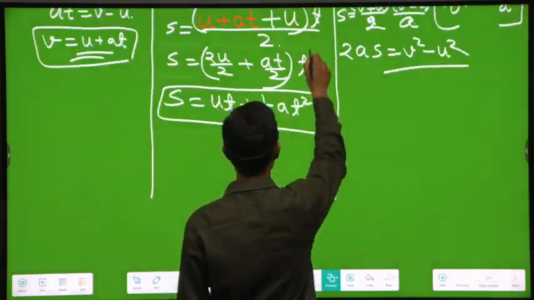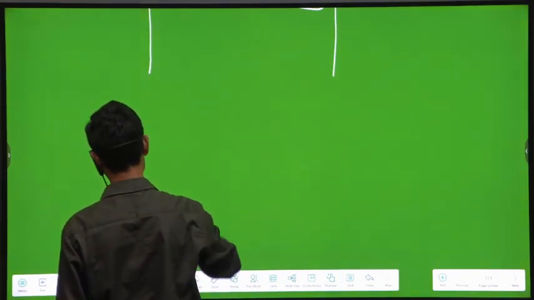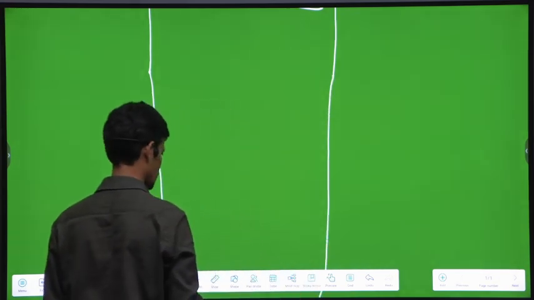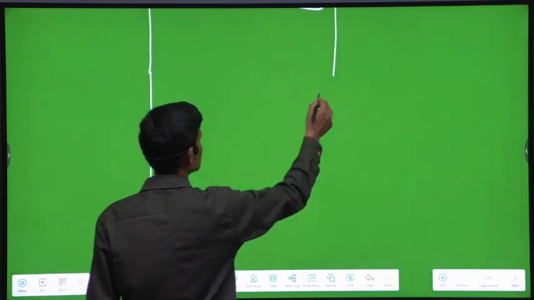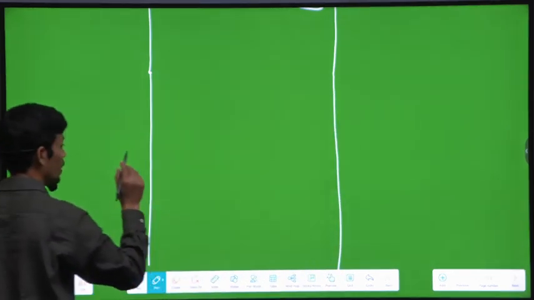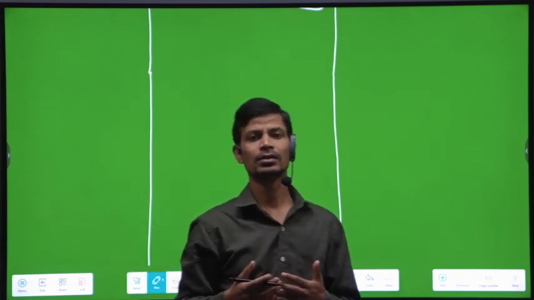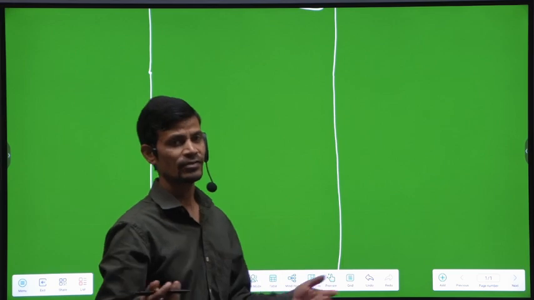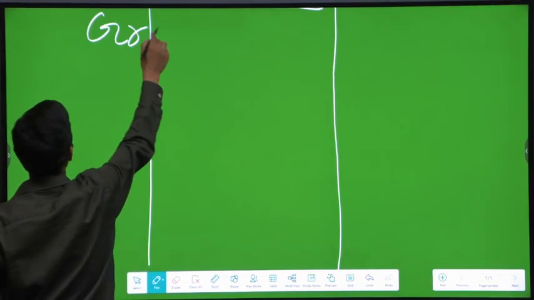Next is the graphical method. That's quite a nice method, and this will give us an insight into what else we can find graphically.